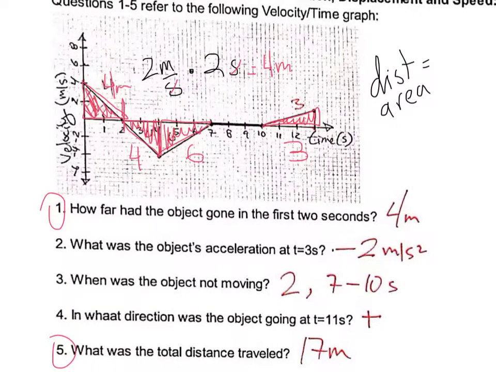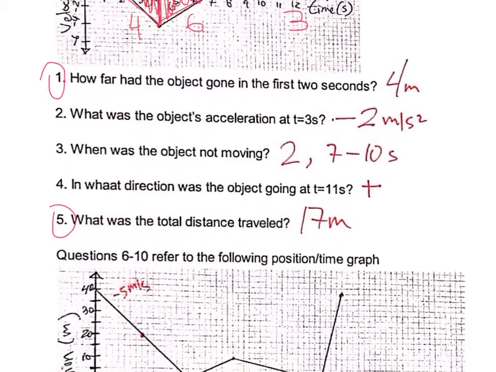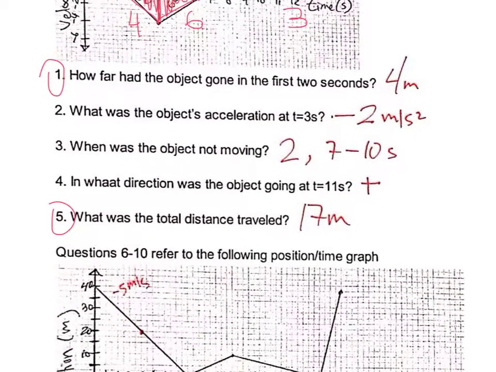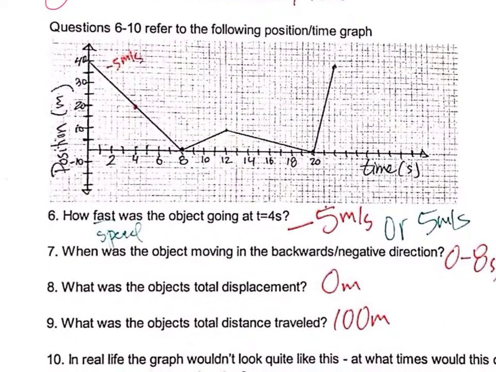So 4, 4, 6, 3 gives us 17 meters. A lot of people just had a number and no work shown, and I don't know if they were guessing or what, but if you have the wrong answer and you don't have any work shown, it's hard to give you any partial credit. Well, impossible, actually.